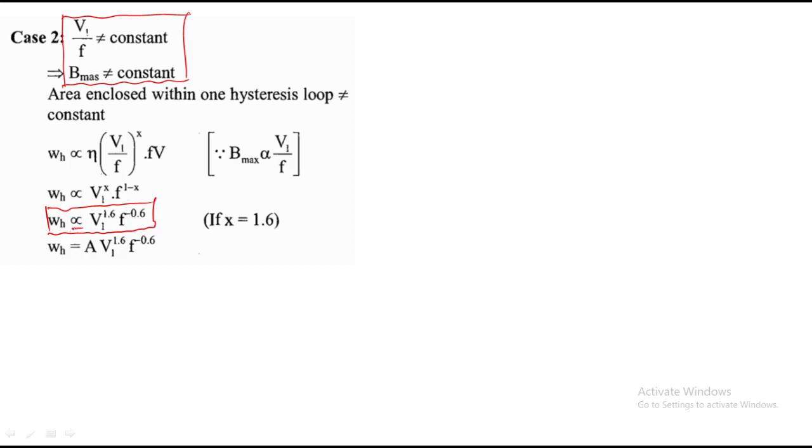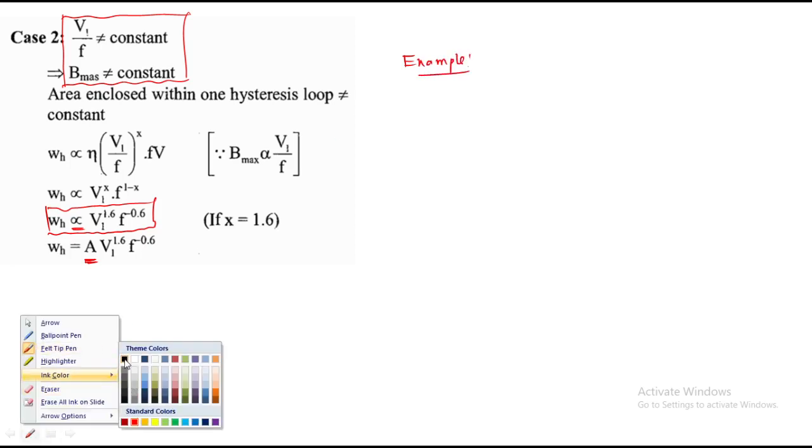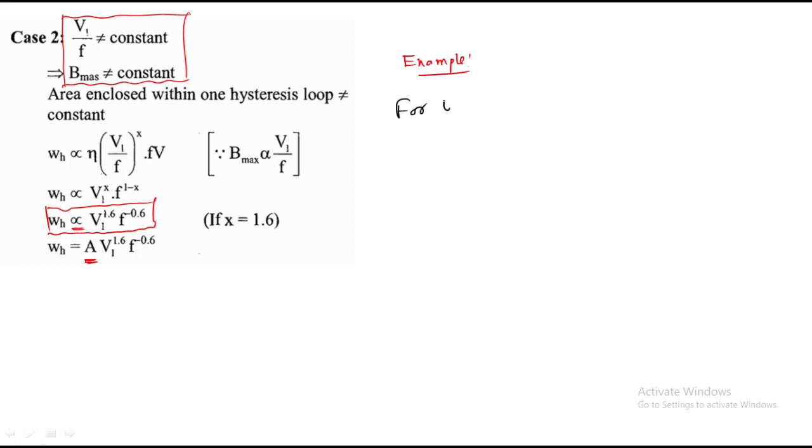So in order to eliminate this proportionality, we have to introduce a constant: W should be equal to A into V1 power 1.6 and F power minus 0.6. So for this, for example, for V1 equals 200 volts and F1 equals 50 hertz, WH should be equal to 500 watts.